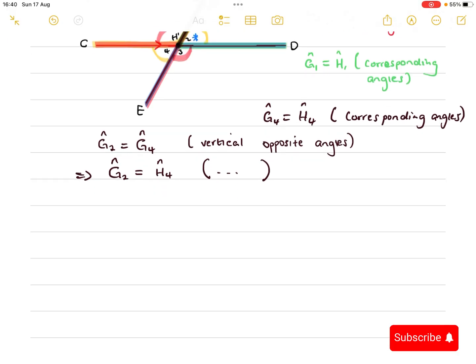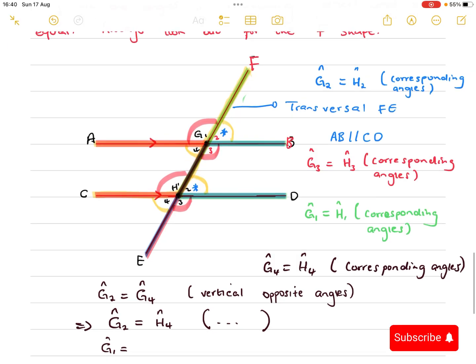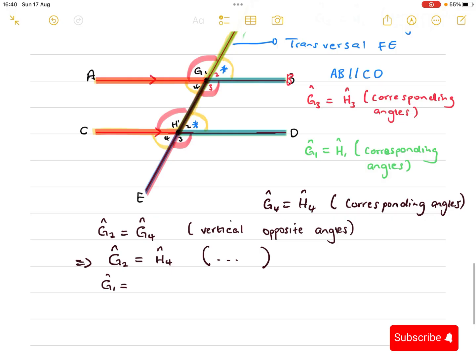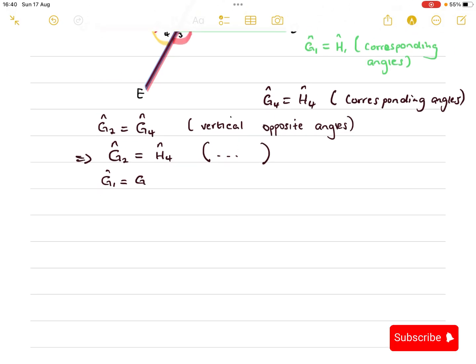And again, we said G1 is equal to what? We said G1 in this case is equal to H1. But if you can look carefully, G1 in this case is also equal to G3. Why am I saying so?